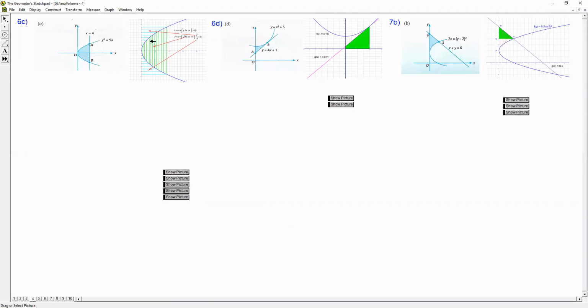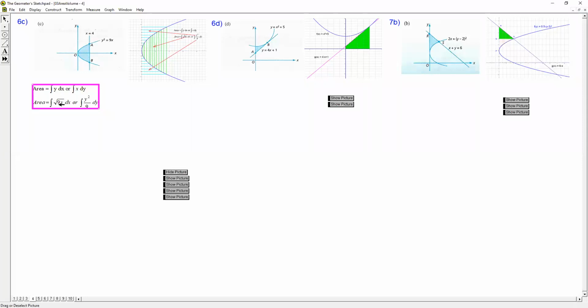So this area here, I make it smaller and I put it over here. So I have two methods. One method is I find the green area. Another method is I find the blue area. For the green area, I integrate square root of 9x. If I integrate y dx, the y is the square root of 9x, because I cannot integrate y squared.